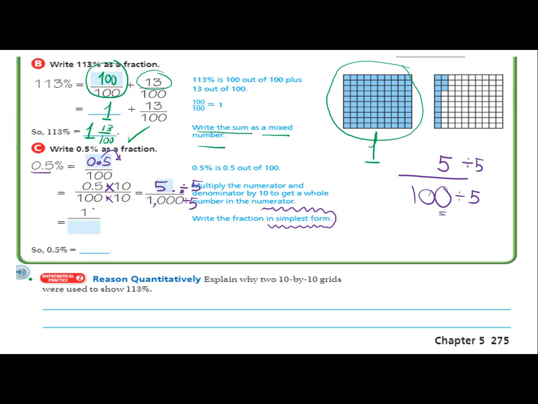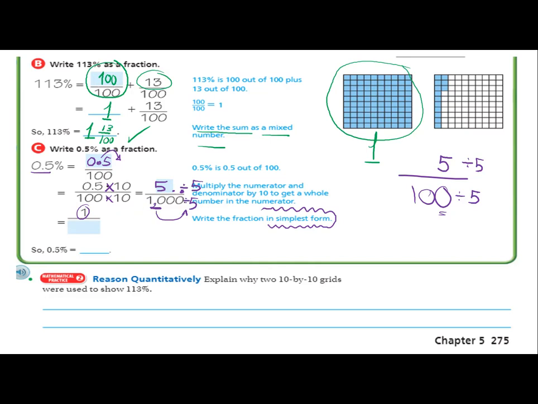So 5 divided by 5 equals what, Muhammad? 1. And 1,000 divided by 5 equals? How can I know the answer? Take 0 with 1 to make 10. 10 divided by 5 equals? I will not multiply, Muhammad.